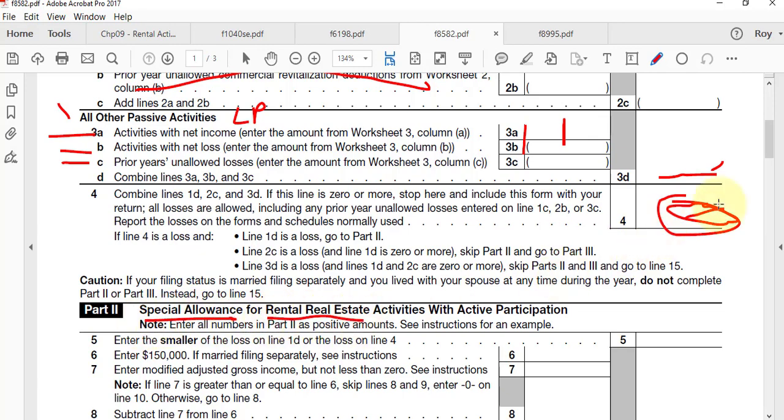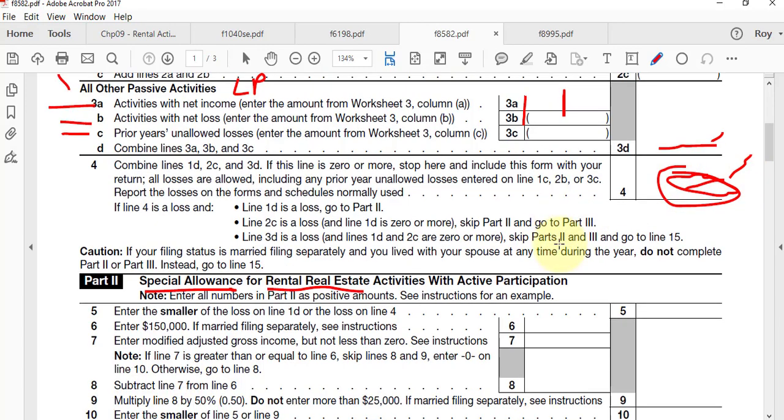Again, you've already netted out the income against your losses. But if you still have excess rental losses, up to 25,000 more in losses can be deducted. But this amount will be phased out if your AGI exceeds, I think, 150,000.